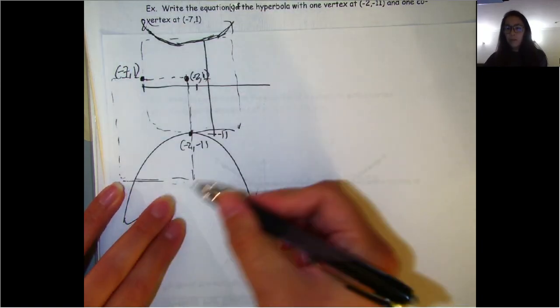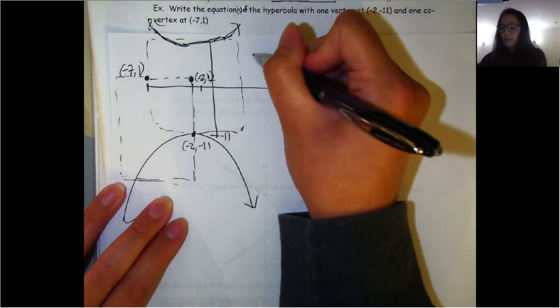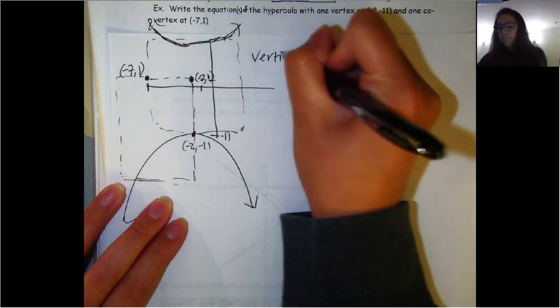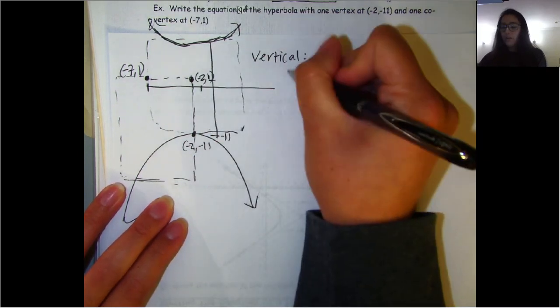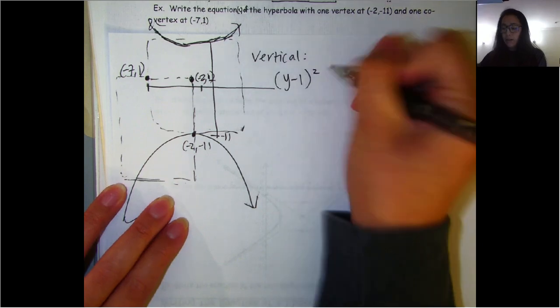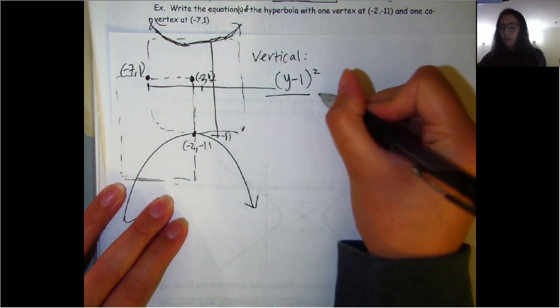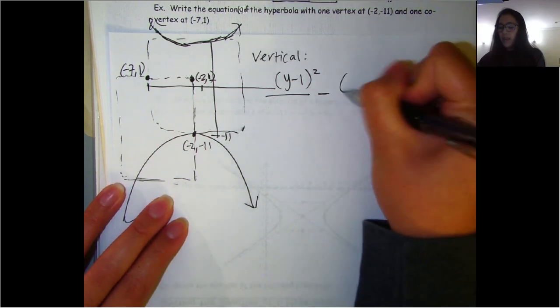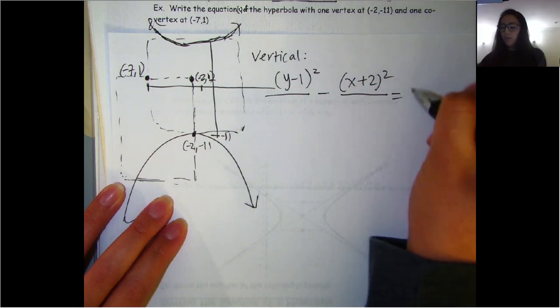In this vertical example, we're going to have a center at (-2, 1). Since it's vertical, we start with y. So we do y minus 1 squared over some b squared, we'll figure it out later, minus x plus 2 squared over some a squared equals 1.